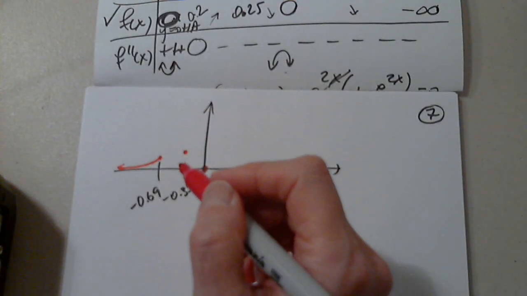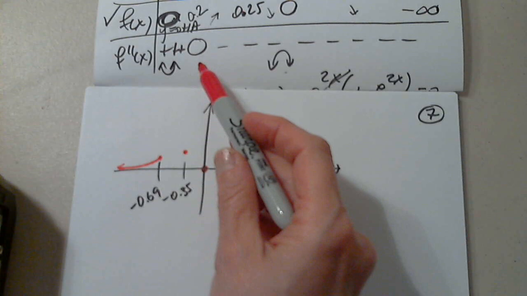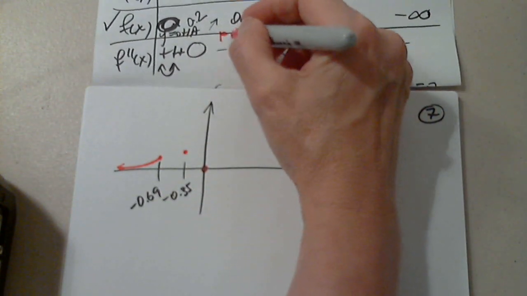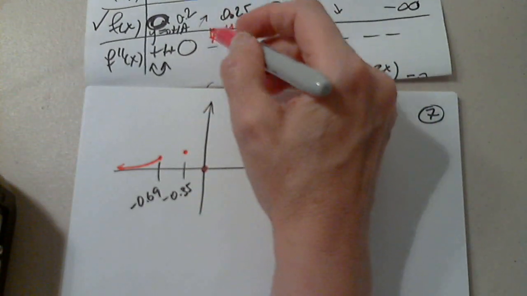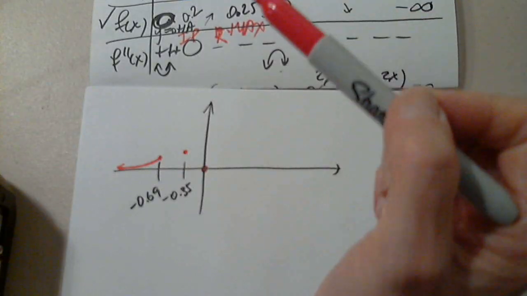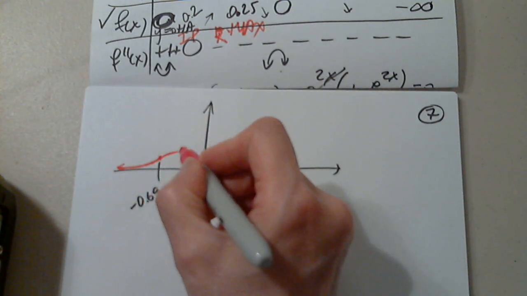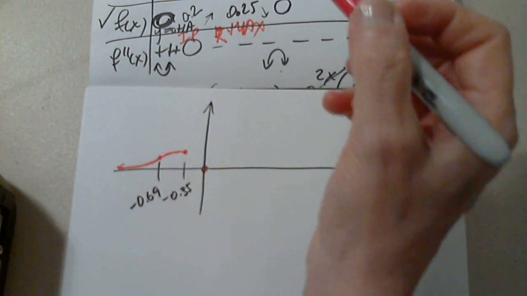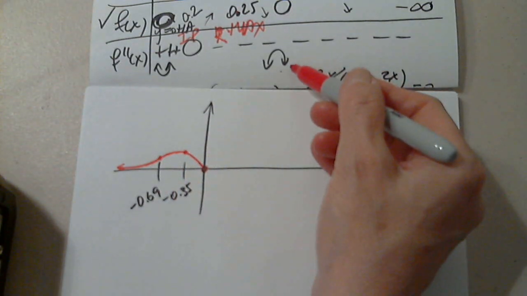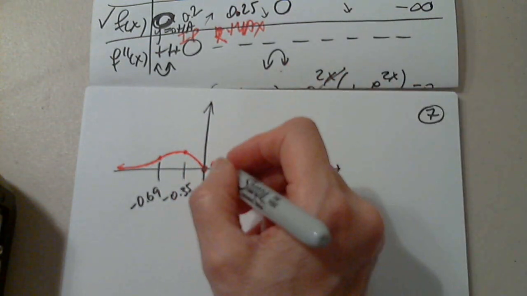Done. Changes concavity. It goes, of course, to a relative max. So this is an IP, and this is a relative max, positive to negative. Good. It gets to the maximum. Then it crosses the x-axis, and then continues to decrease, going down towards negative infinity.